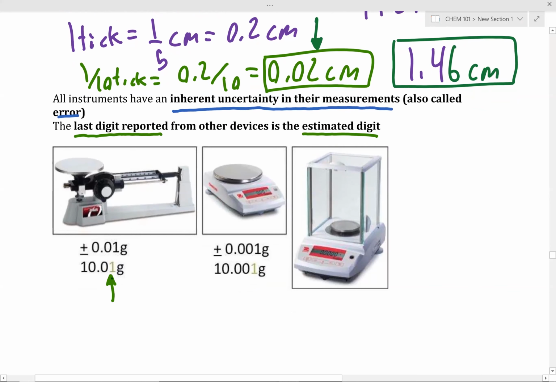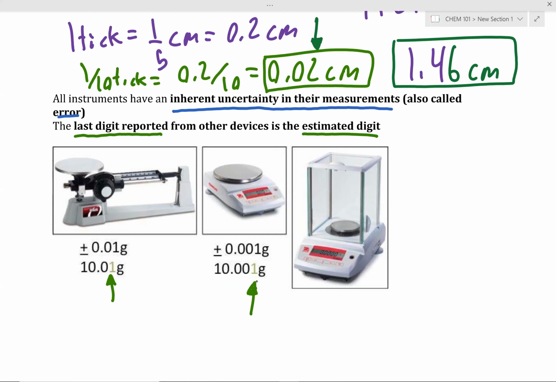For example, the balances that you see, a typical top loading balance reports values up to the 100th place. So what is our estimated digit going to be? What's the last digit? What place is our last digit in? 100th place. The top loading balances, what is the last digit reported? What place is it in? 1000th place. Which of these two devices is more precise for measuring mass?